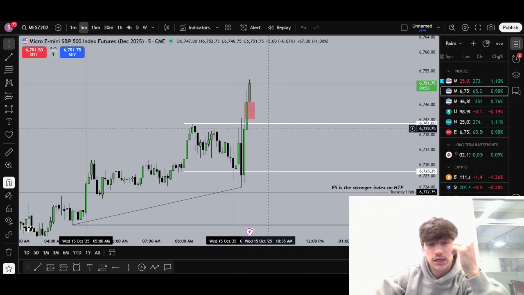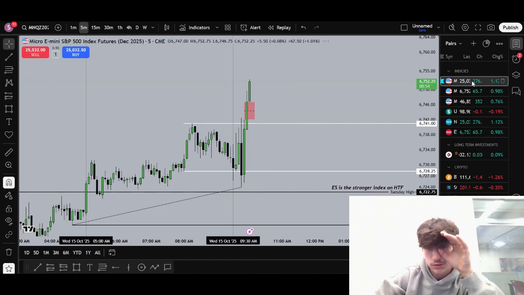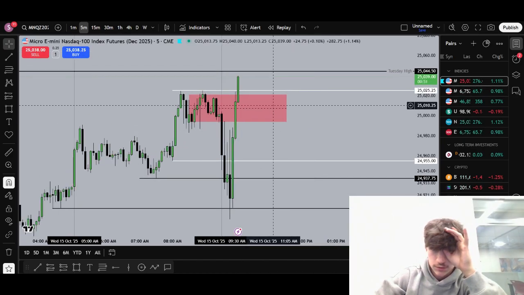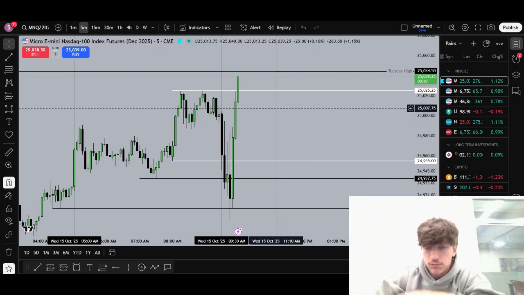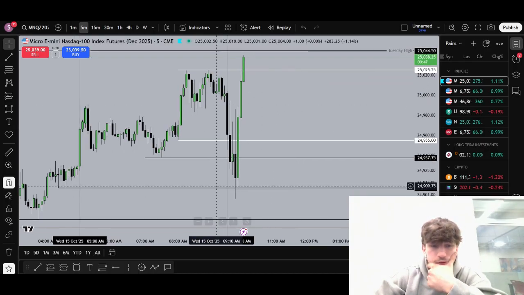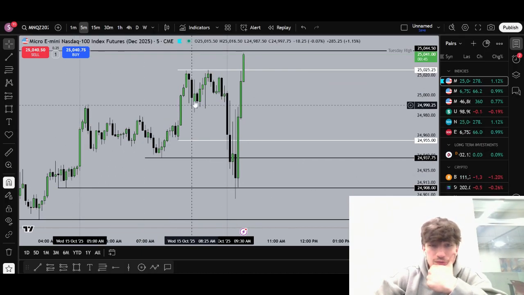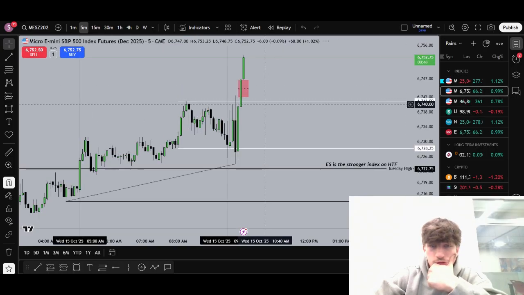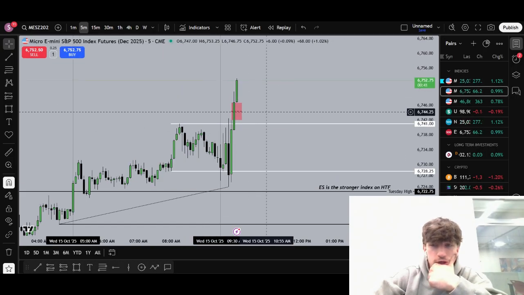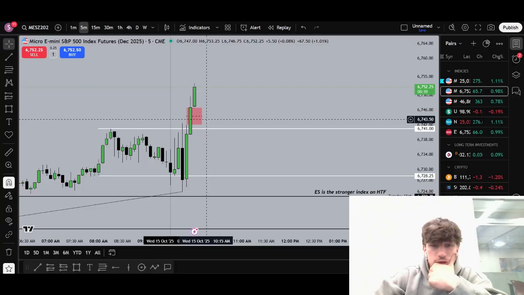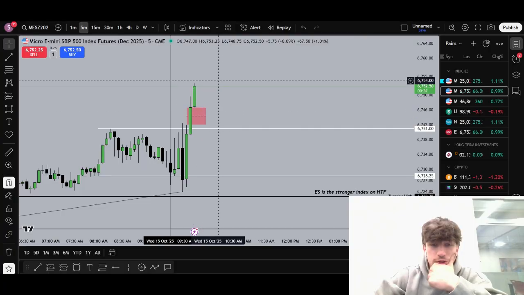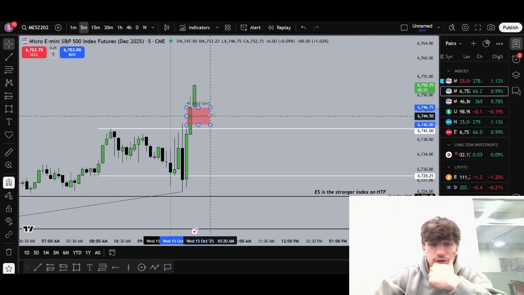I low key like this. I like these longs here. These longs are looking a lot better than the shorts because we came down, manipulated this, made that smooth, and we just keep pushing higher. So we can close bear or close bullish on here, retrace down into this fair value gap.